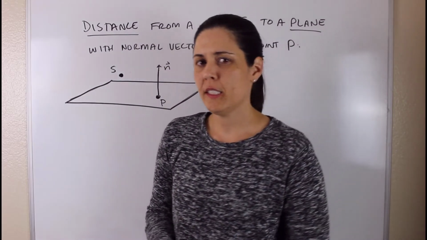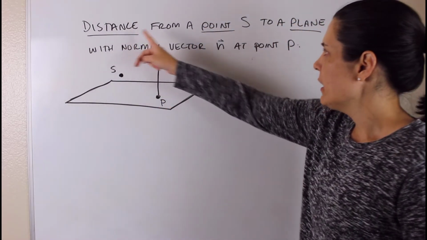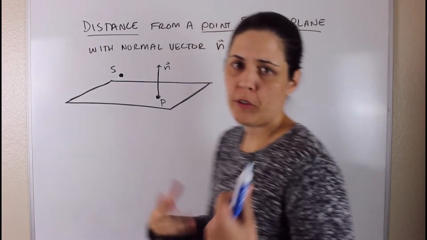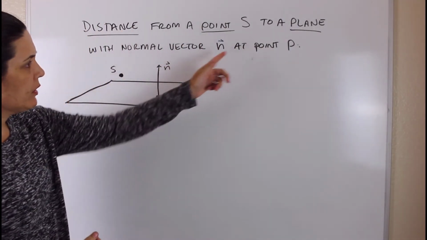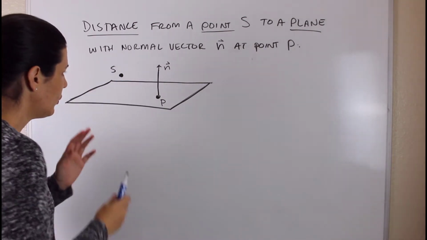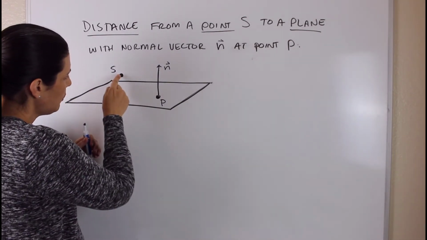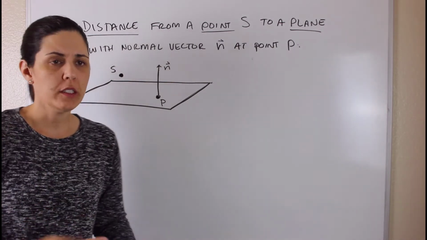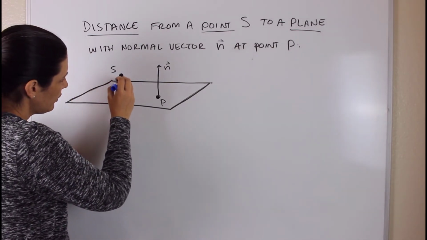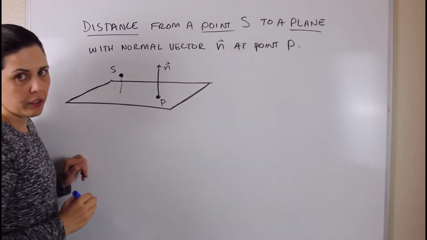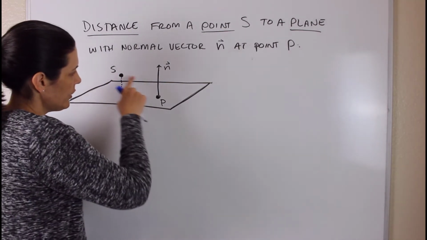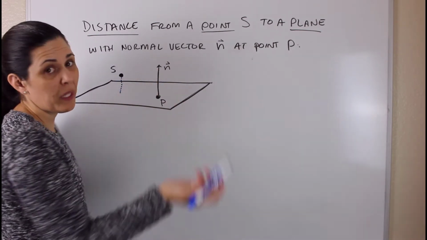So here's this distance formula. The distance from a point S to a plane, and with that plane we know a normal vector and a point P. The question is how far this point is from this plane, and you always pick the shortest, perpendicular distance. This is what we're looking for. The way that we solve for this mathematically is to go over to this normal vector wherever P happens to be.